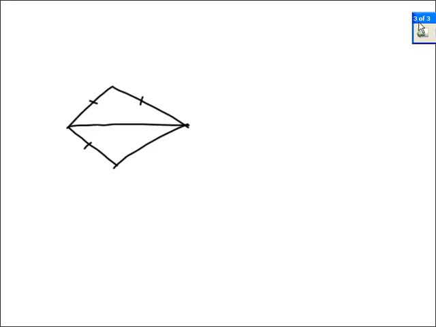These two are equal, and these two are equal. And I don't tell you how long that diagonal is. In fact, that one is 14 centimeters.